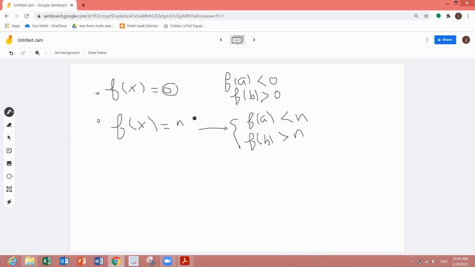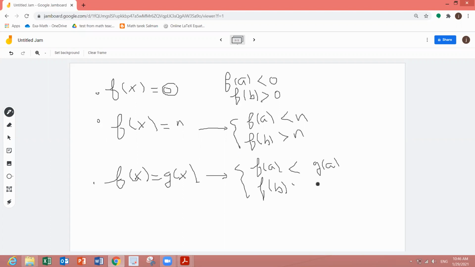So if I have f(x) equal number, while if we have f(x) equal g(x), meaning an intersection between a curve and a line, I determine f(a) with g(a) and f(b) with g(b).